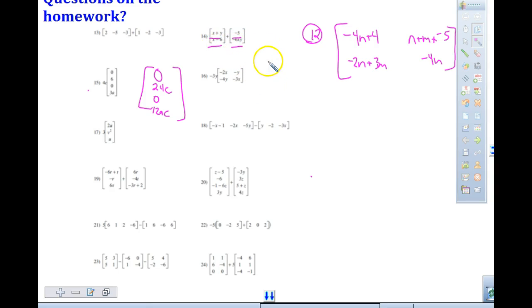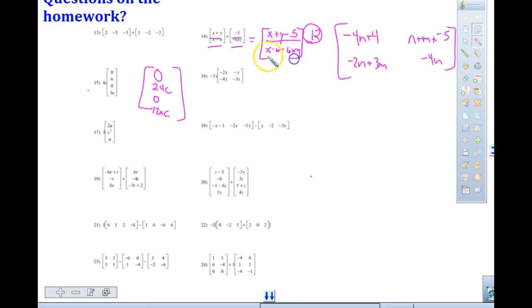So when I look at number 14, I am actually adding, it's one big term, and it is x plus y minus 5. That's one term. That's like the first row. That's just one big thing added together. Same thing in that next one down. It is x minus 6xy.